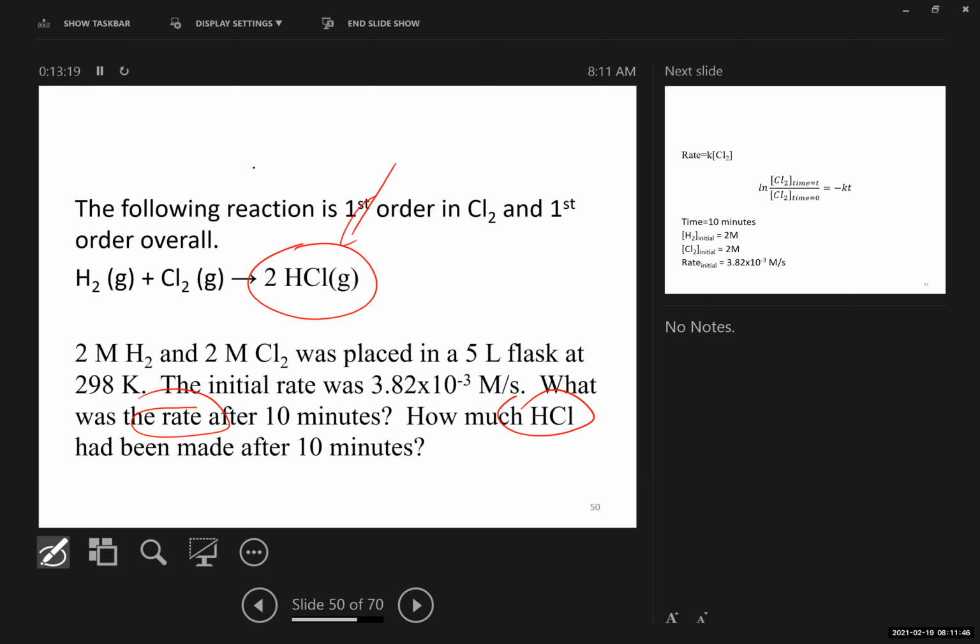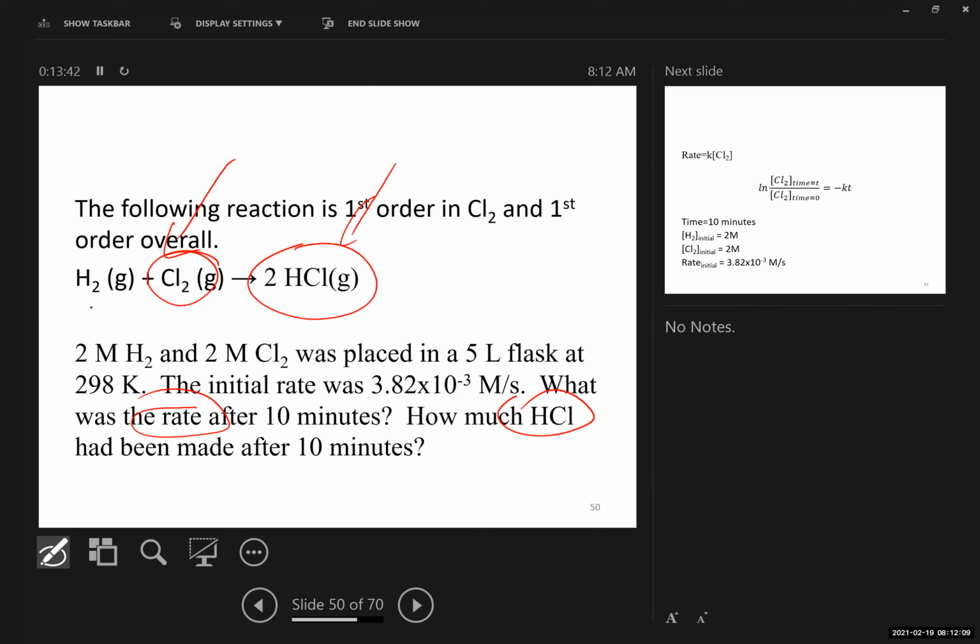And I only make HCl if the chlorine reacts. So based on stoichiometry, if I know how much chlorine is left, I should know how much HCl I made. And that is what the integrated rate law tells me, how much chlorine is left at any time, right?